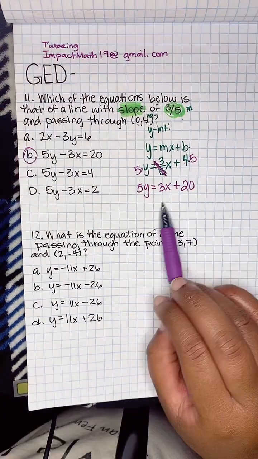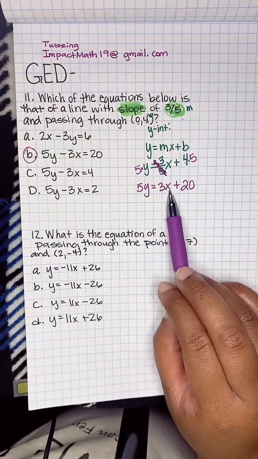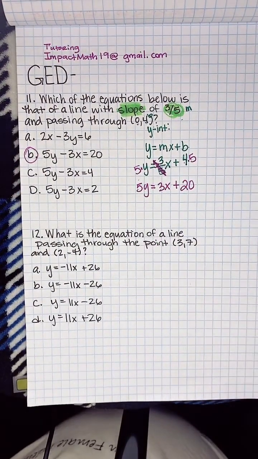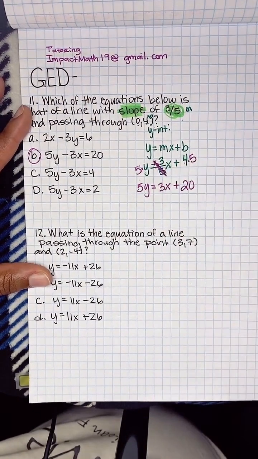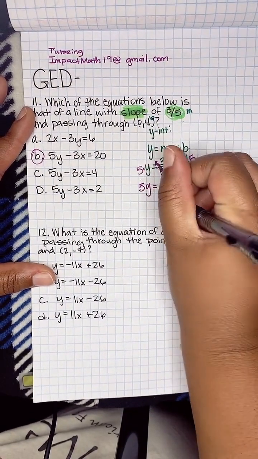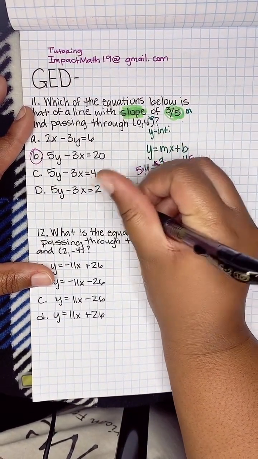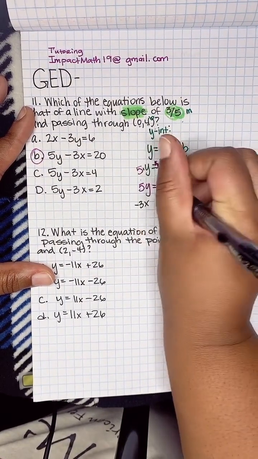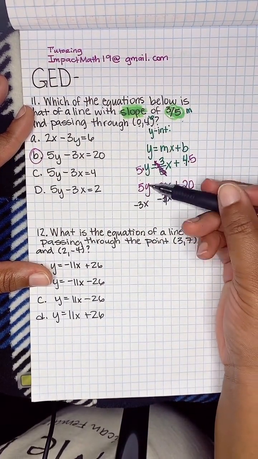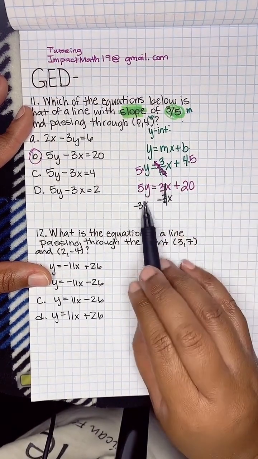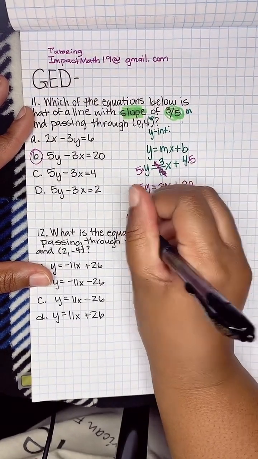Okay, so the other side, you guys, how do I move this positive 3x to the other side? Subtract 3x? Good, yes. So I'm going to subtract 3x from both sides. And again, these are not like terms, so we do not combine these. We just write them right next to each other.